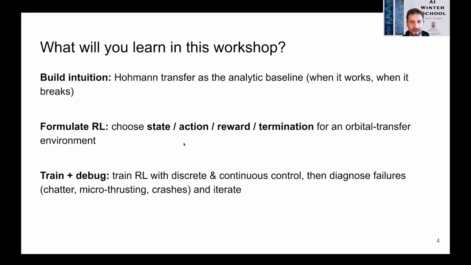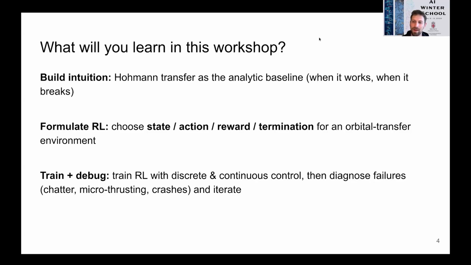In this workshop, you'll learn a few things. The first is to build some physics intuition. We'll do a review of very basic orbits, and in particular, Hohmann transfers as an analytic baseline to go from one orbit to another in a two-body system, and when that works and when it breaks.